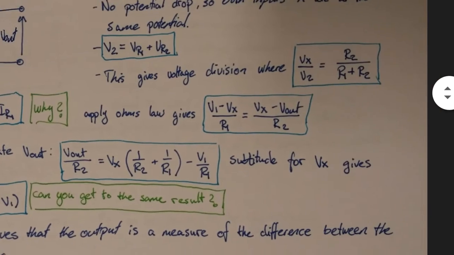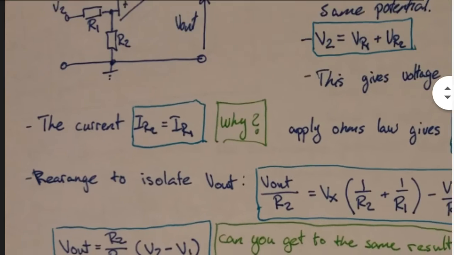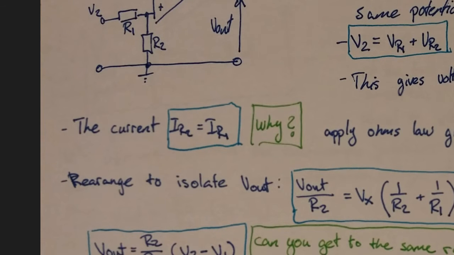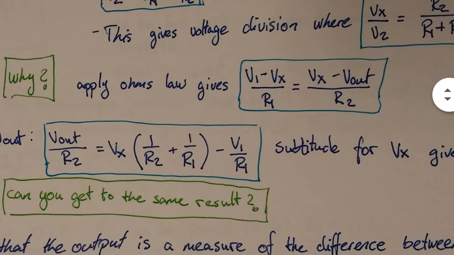And this in turn means that because there is no potential difference between the inputs, the currents in resistors R1 and R2 are equal, and if we apply Ohm's law for the current, we can see that the voltage drop over resistor R1 divided by the resistance is equal to the voltage drop over resistor R2 divided by the resistance.